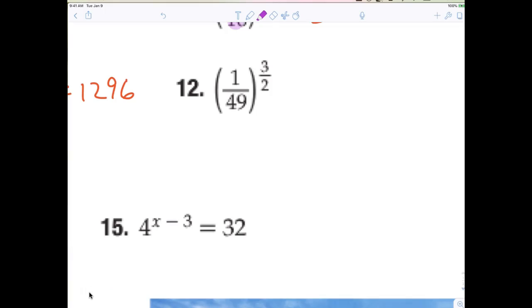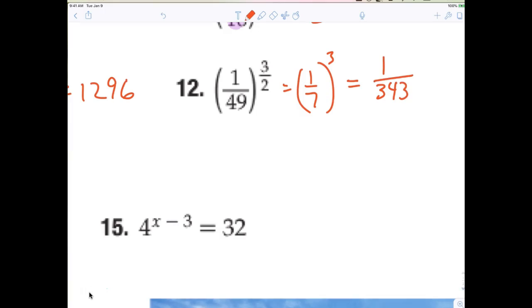So this is now 1/7 cubed. What did we say 7 cubed was? 7 squared is 49. 7 cubed was 343. That's okay. I like it. 343, so 1 over 343.